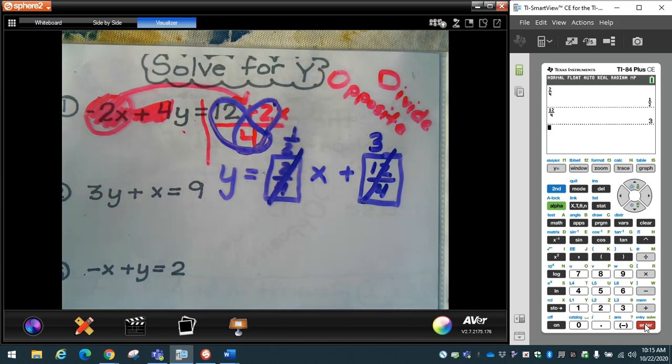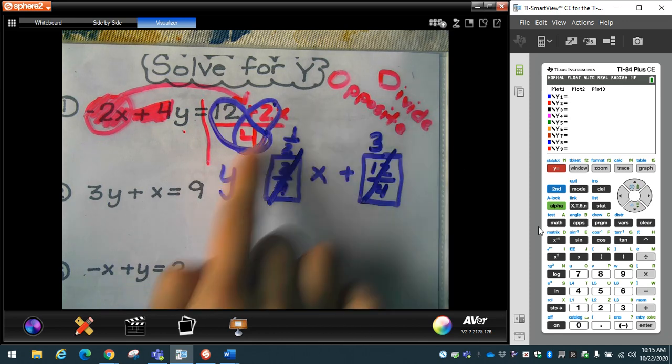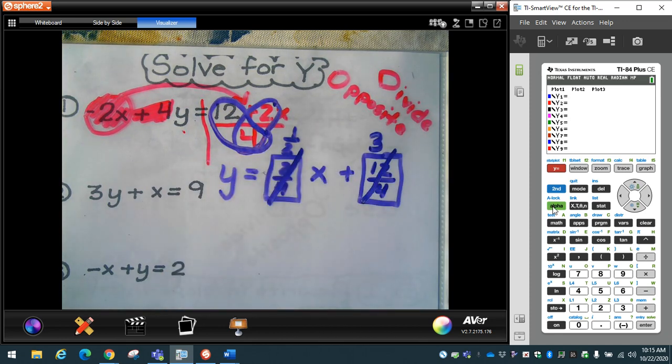Now, if I want to graph this equation, I can just go to y equals, put alpha y equals, input my fraction, which would be half, then x plus 3, then graph. And see, that's my graph. But what if I want to see the table?